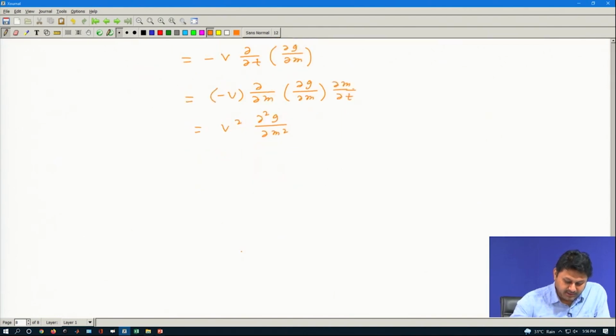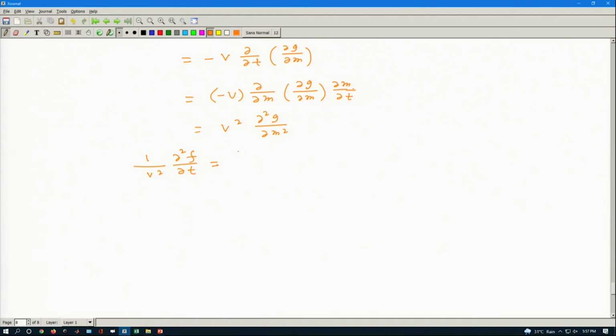Now I can see that 1 divided by v square d2f/dt square is something like d2g/dm square, which is d2f/dz square.